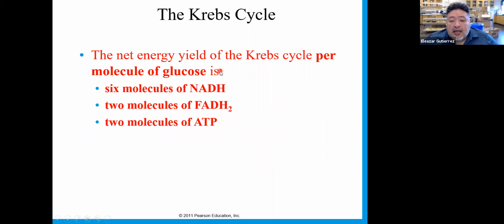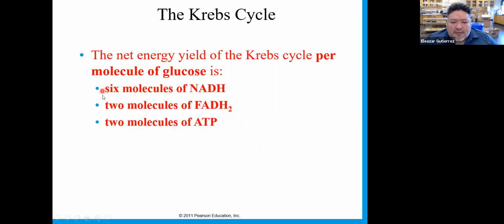And per cycle, per pyruvate, it's 3 molecules of NADH, 1 molecule of FADH, and 1 molecule of ATP. But per molecule of glucose, remember, we take all that and we multiply it by 2.